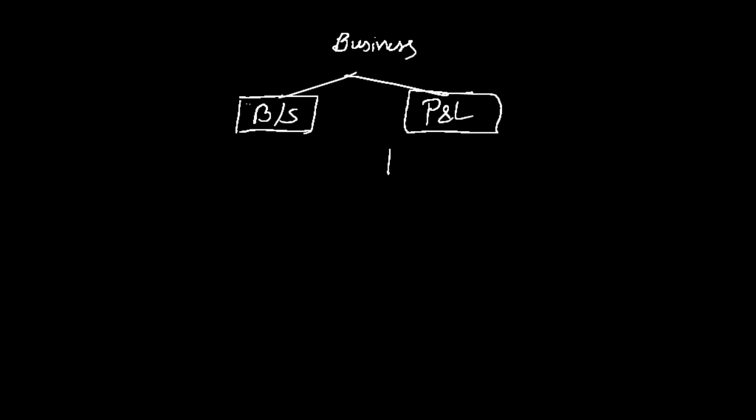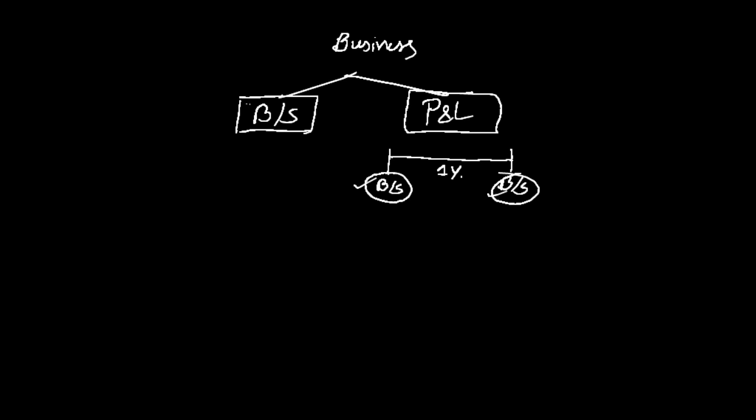Profit and loss account is prepared for a period, for example 1 year, and balance sheet is prepared at a point of time. For example, we will see the balance sheet at the beginning, and at the end of the year we will see the balance sheet. So this is the opening balance sheet and this is the closing balance sheet.